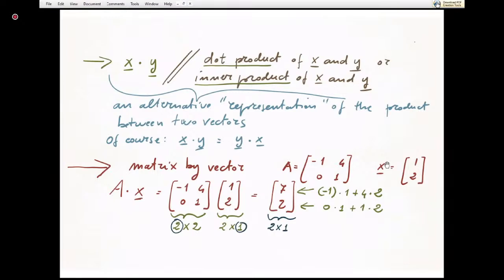This is a 2 by 2 matrix. This is a 2 by 1 matrix. It's possible to perform the product because 2 here is equal to 2 here. The number of columns of the first factor is equal to the number of rows of the second factor. What will be the dimension of the result? Take the outer terms, 2 and 1. It will be 2 by 1. This is the dimension of the result.